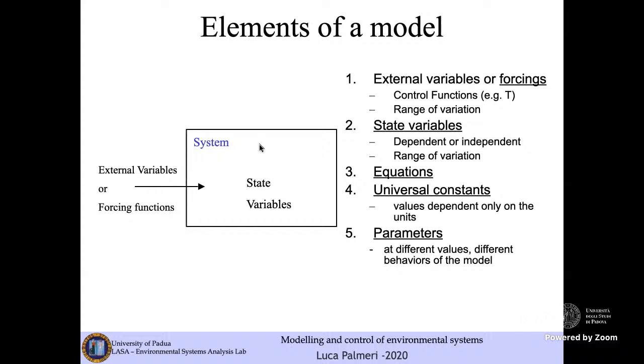As we said, an ecological system or an ecosystem is a portion of space or time that is bounded, or presents a boundary, so that there are flows going inside and outside from the system.